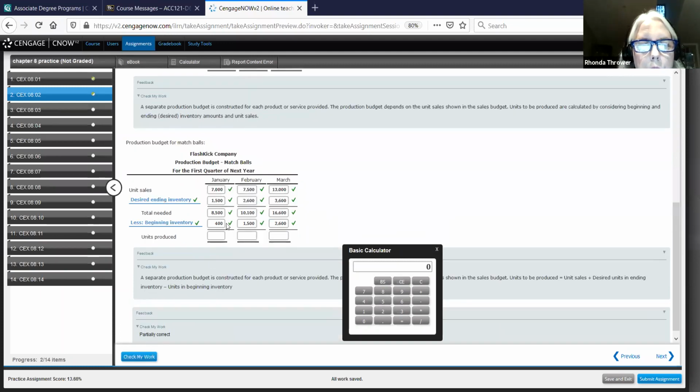And then you're going to add your total, or excuse me, less the beginning inventory. And then we'll have 10,100 minus 1,500 units. And that equals 8,600.